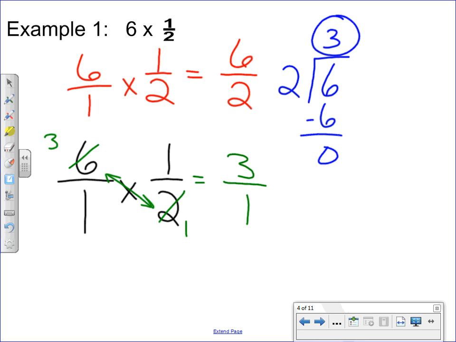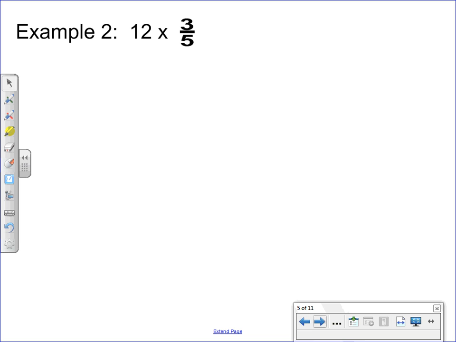Which again, 3 divided by 1, 1 times 3 is 3, and I end up with the whole number 3. It's really a pretty simple process. In order to multiply by a whole number, you take the number, put it over 1, do the multiplication, and simplify.